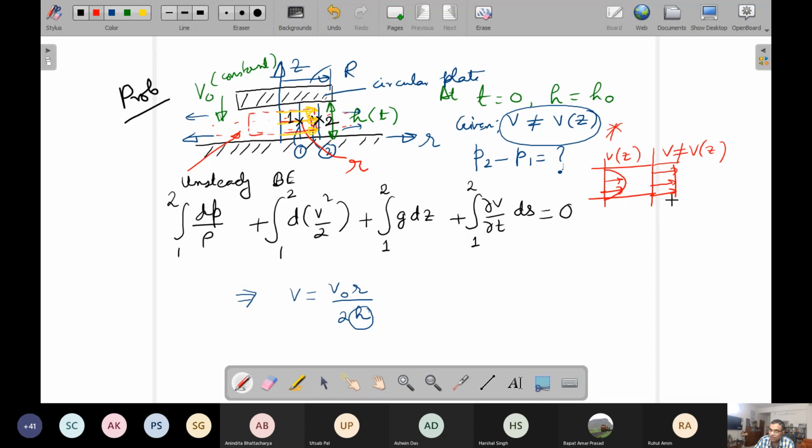The difference is that in the case of v as a function of z, you have a velocity gradient. And that velocity gradient, or the rate of deformation, gives rise to a viscous stress due to shear. From your early understanding of the subject, you know that to have a shear stress, it is not sufficient to have a viscosity, but also very important to have a velocity gradient or the rate of deformation. So the fluid will of course have a non-zero viscosity, no doubt about it.